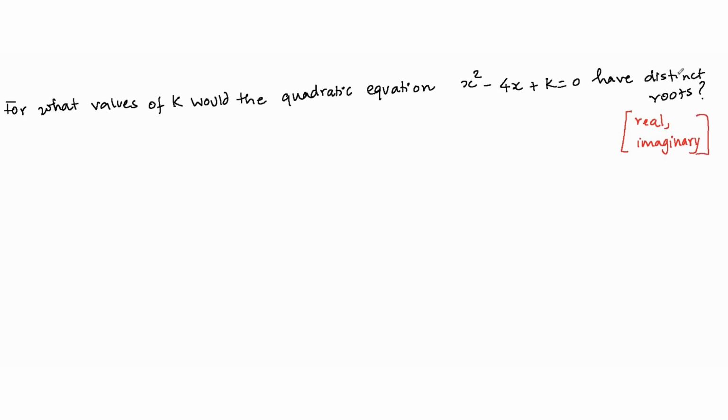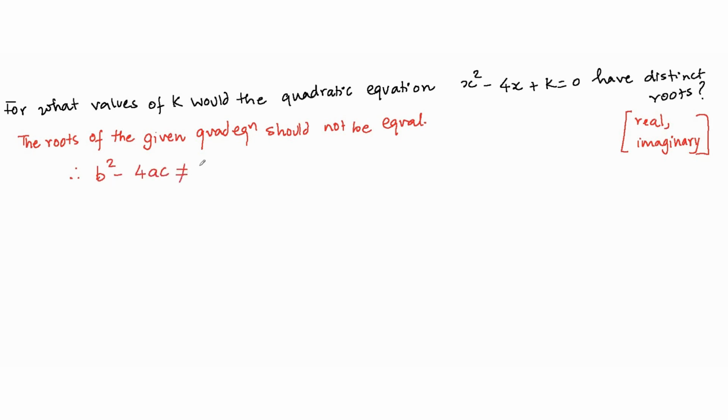We want the roots to be distinct, which means that the roots should not be equal. The roots of the given quadratic equation should not be equal, and therefore I can say that b square minus 4ac should not be equal to 0, because if b square minus 4ac is 0, then the roots would be real and equal.